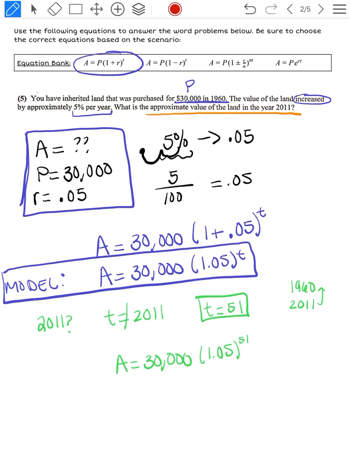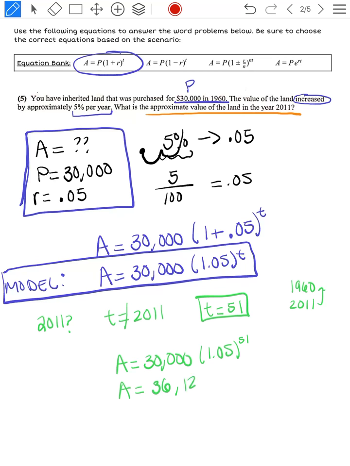And from there I can get my calculator. Remember exponent first, so 1.05 to the 51 power. And then I'm going to take that answer, which was 12.0407, I'm going to multiply it by 30,000. So I end up with 361,223.09, right?